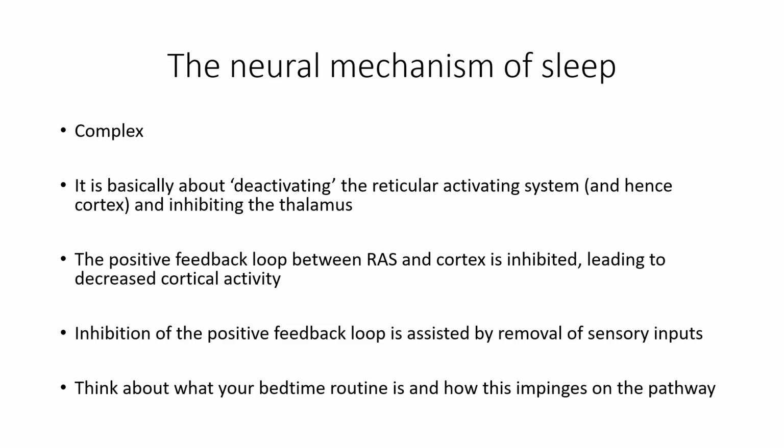So think about what you do at night in your bedtime routine and how this will impinge upon the positive feedback loop. So for example, you close your eyes, obviously, things are quiet, you're not too hot, you're not too cold, and you try to clear your mind of any thoughts. So this is the way that you take out the input from the positive feedback loop and gradually go off to sleep.